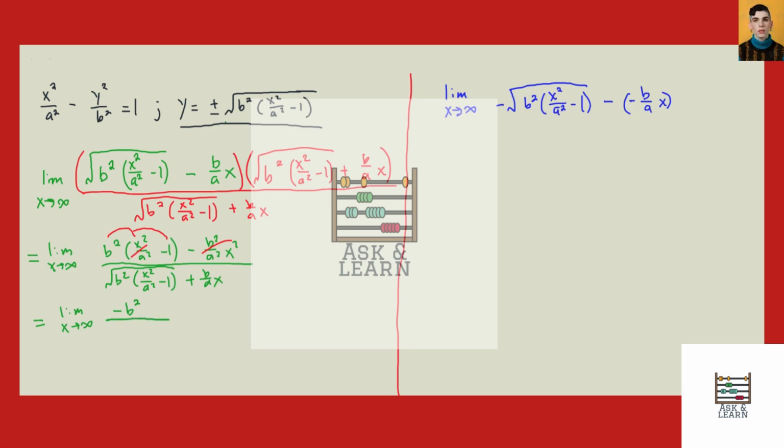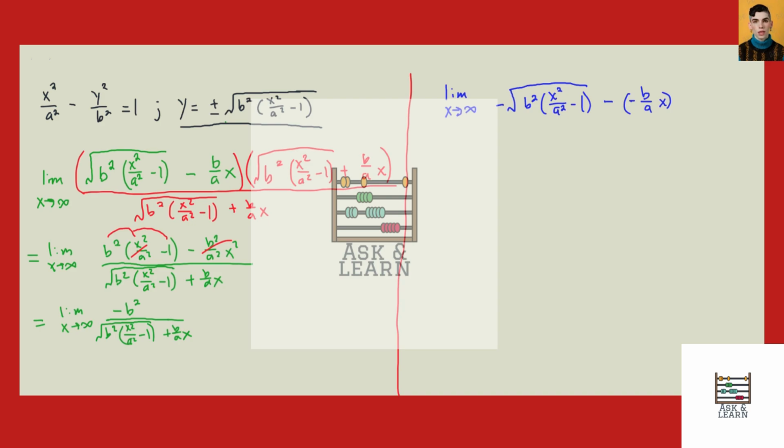And then all over our conjugate again. So b squared times x squared over a squared minus 1 square rooted plus b over a x.